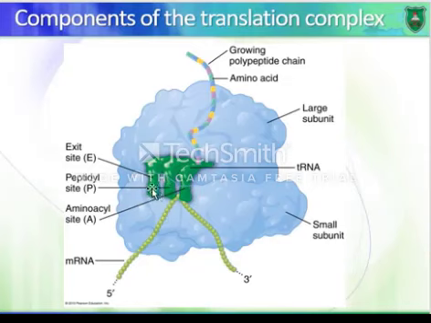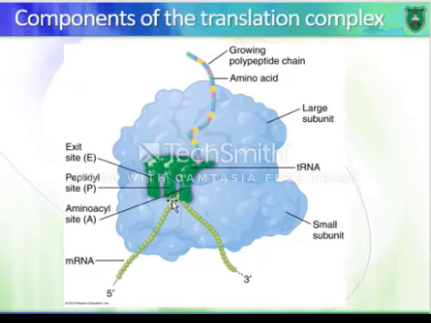Here you can see three different sites. The exit site here, the polypeptide site, the P site here, and the amino acid site, which is the A site. The A site is responsible for receiving or accepting the tRNA charged with amino acid.